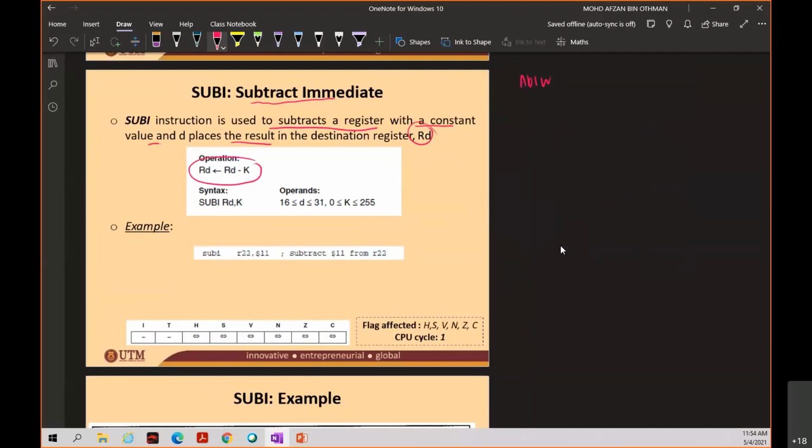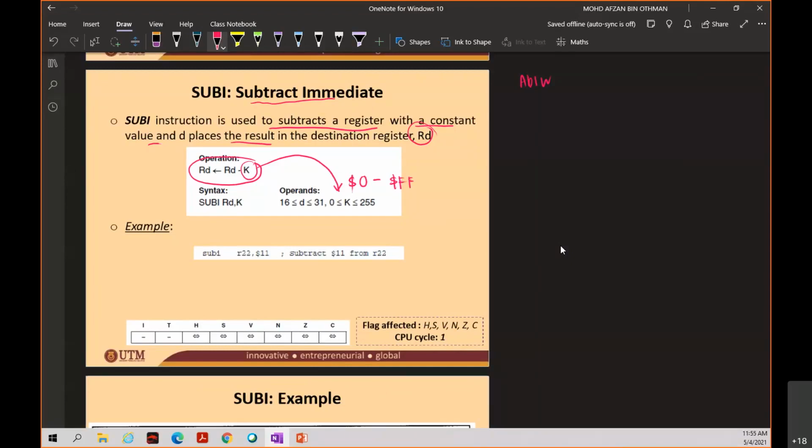RD equal to RD minus K. K is your immediate value, your constant value, which is from 0 to 255 in decimal, or 0 to FF in hexadecimal, or 0 to 11111111 if you use the binary number.